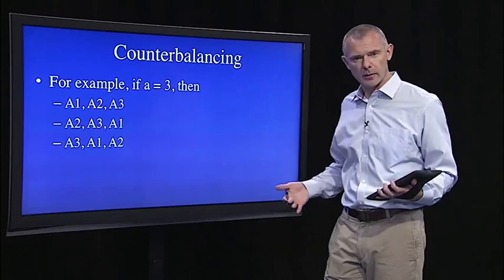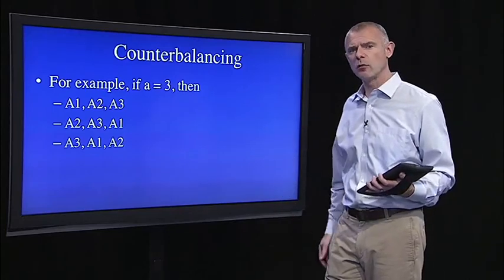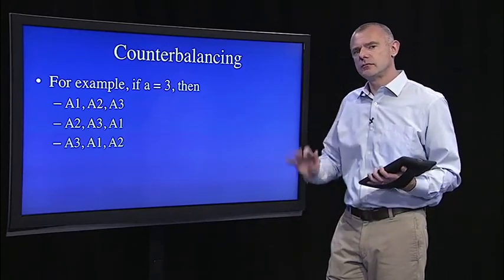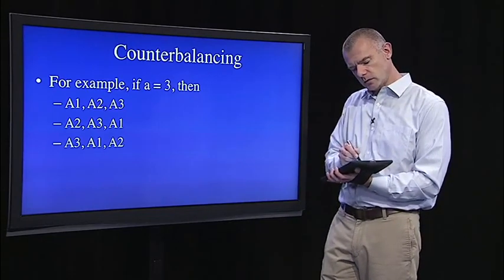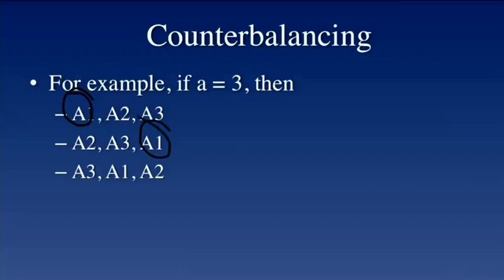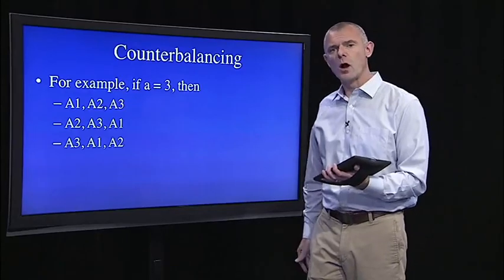This isn't completely counterbalanced, right? Because there are actually 6 possible orderings. But it's satisfactory because you'll see that A1 occurs first here, it occurs last here, it occurs second here, and so on. Every condition occurs in every serial position. So the order effect should wash out.